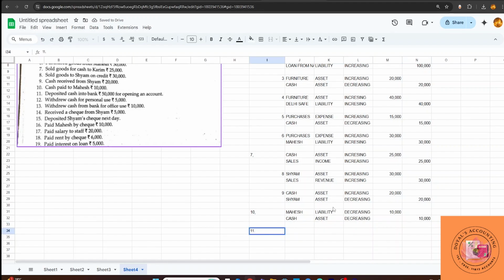11. Deposited cash into bank rupees 50,000 for opening an account. Now the accounts involved here are going to be bank and cash.